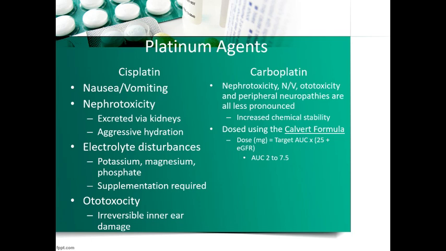So if you remember, we have a target AUC, so maybe 5, and then we multiply that by the creatinine clearance plus 25. Okay, and so you'll have lots of opportunities to do sample calculations. We might dispense 5 or 6 doses of carboplatin every day, and the pharmacists are always double and triple checking that the dose is correct.